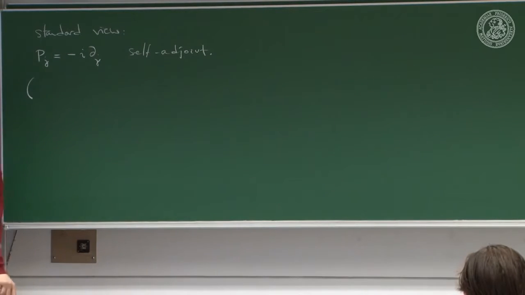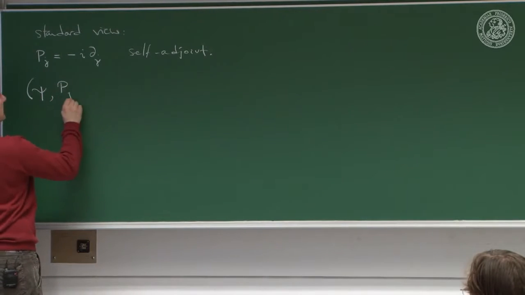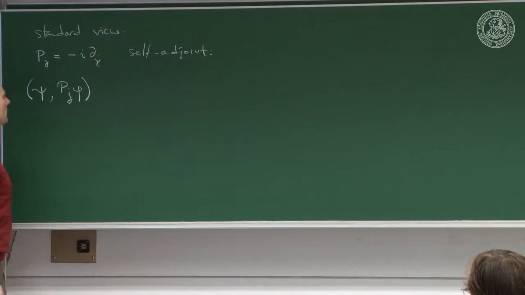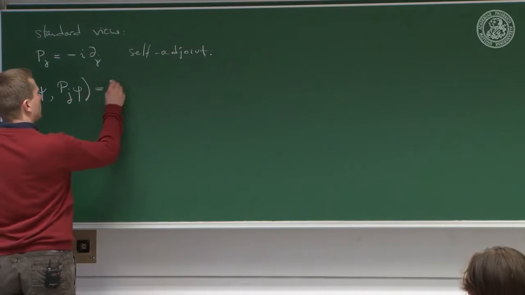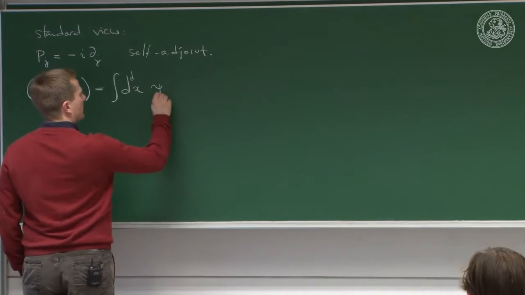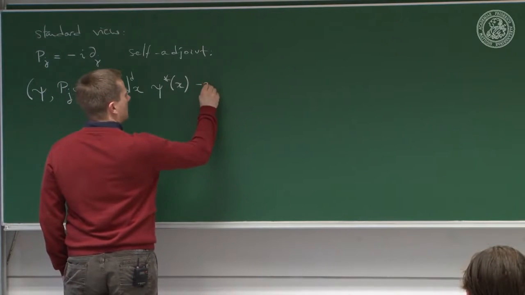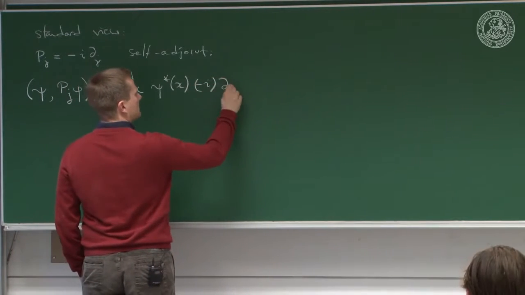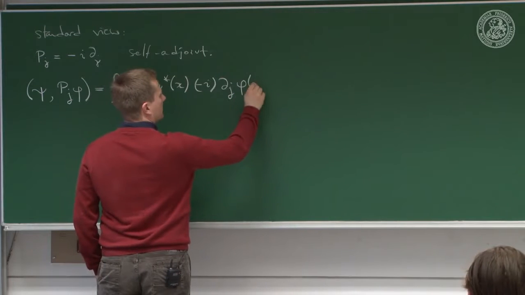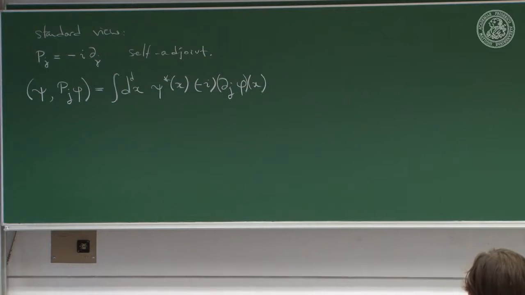Let's very quickly write this down. We have psi and P_j phi. What is to be shown is that this is the same as P_j psi comma phi. This is quickly done because it is just this integral: psi star of x, now comes a minus i times del_j acting on phi, and this whole thing evaluated at x.